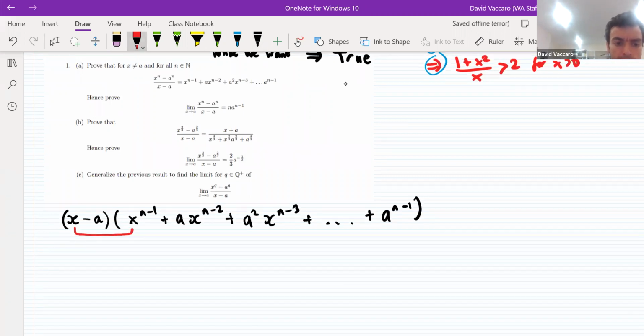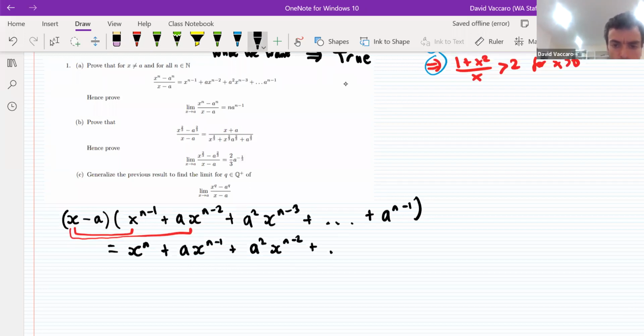So I multiply by the x, so I get x to the n. Then I get a x^(n-1). Then I get a squared x^(n-2), all the way up to a^(n-1) x. Then I start multiplying by the negative a's.